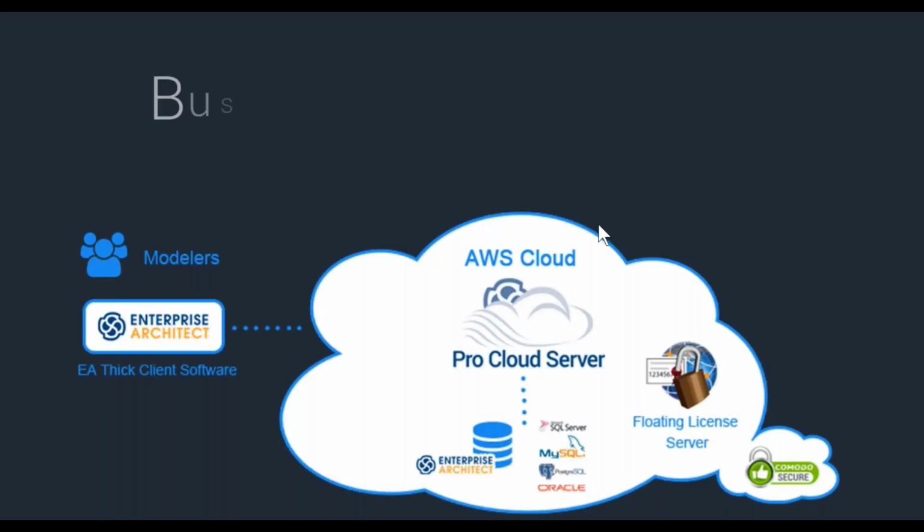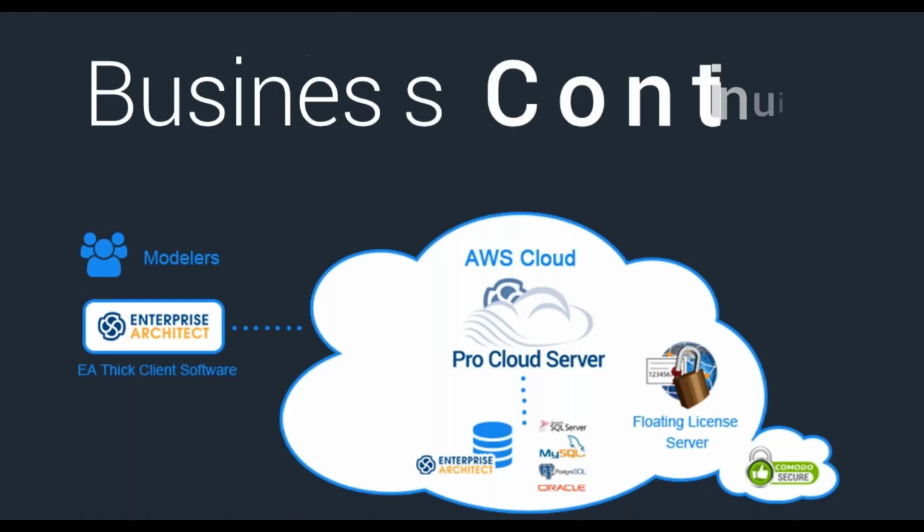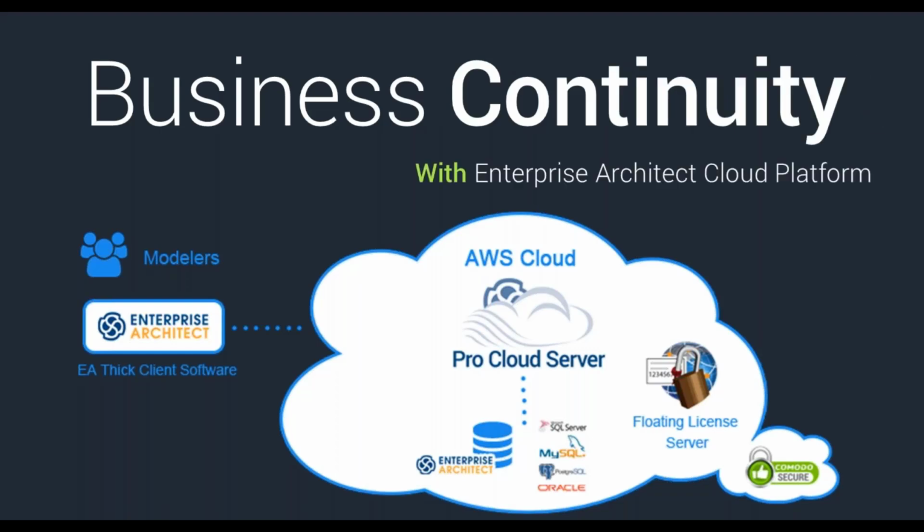Just going through those questions one by one. First, is Pro Cloud Server needed or required for Prolaborate to work? Yes, the Pro Cloud Server is the web service, or the API, that enables EA repositories to be exposed to the web tools and other tools.